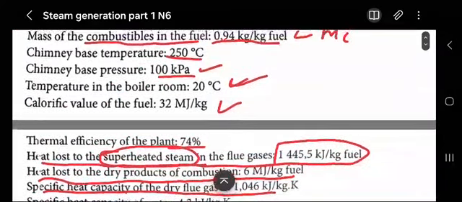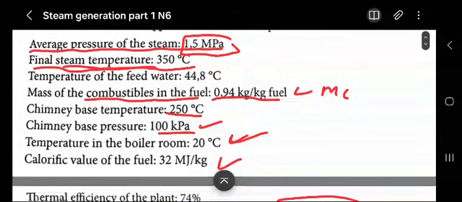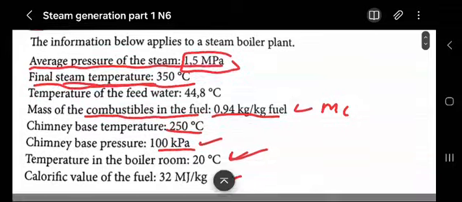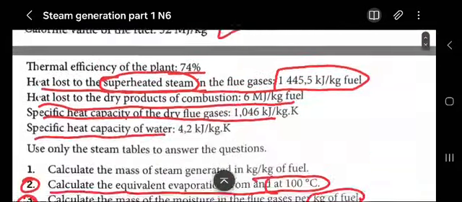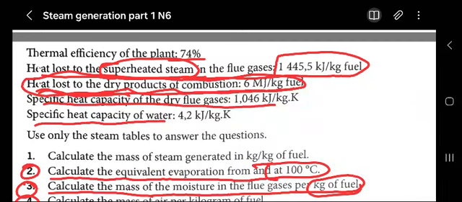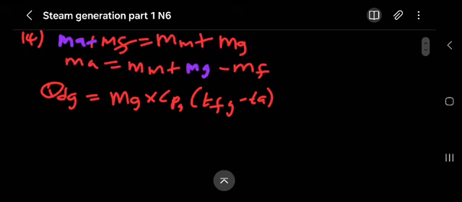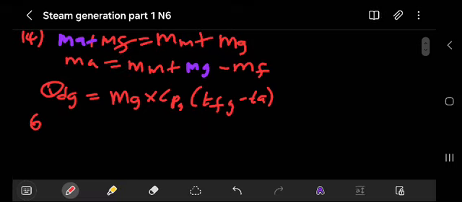From here, as you can see, guys, we're given the heat loss due to dry products, 6,600 megajoules. Heat loss due to dry products, there we'll find our gas, 6,600 megajoules.